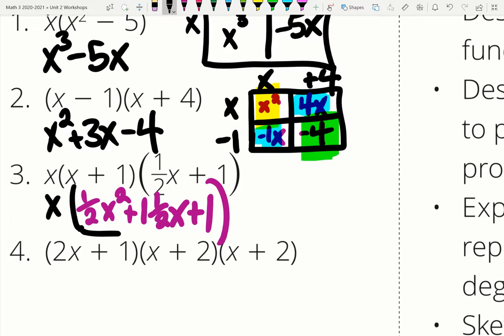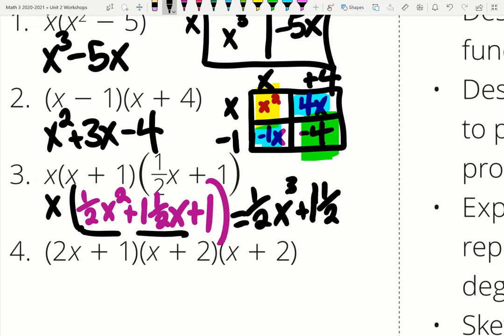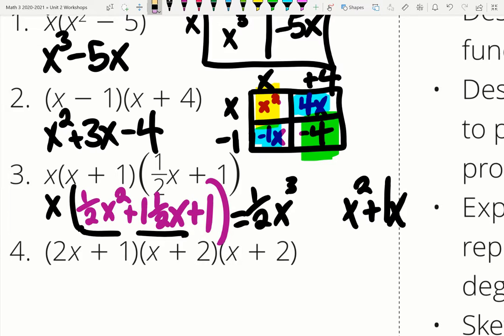So this is going to be equal to 1/2 x to the third, plus 1 and 1/2 x squared, 1 times x, 1x. Now, if you want, you can choose to represent 1 and 1/2 as positive 3/2. That is okay as well.